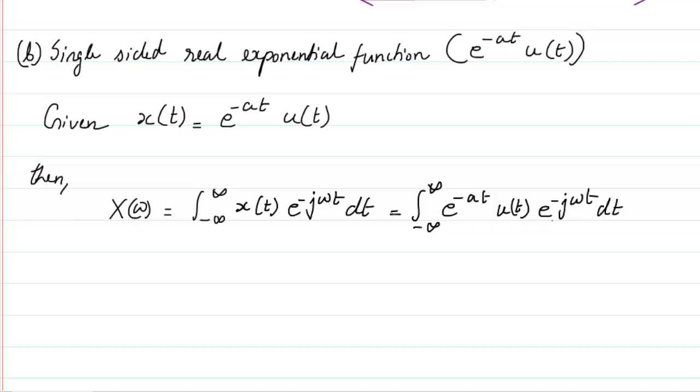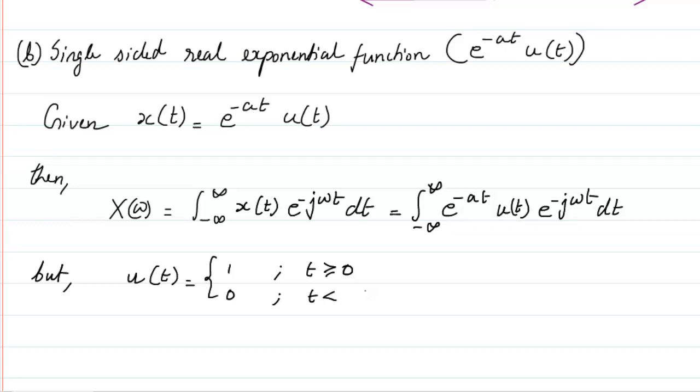Now we know that u of t is basically extending from 0 to infinity. That means its value is equal to 1 at t greater than or equal to 0, and at t less than 0 its value is 0.